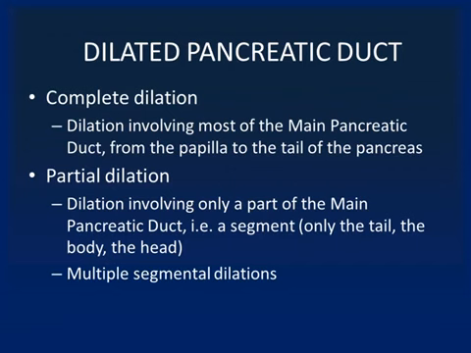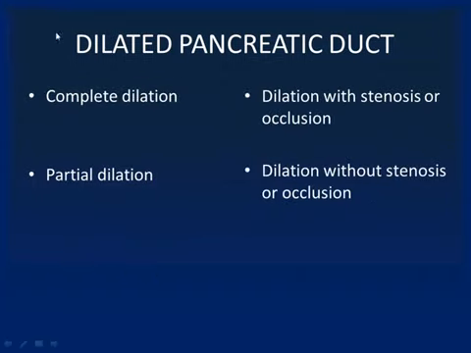We can have also multiple segmental dilations. And the dilation, either complete or partial, can be associated with stenosis or occlusion, or without stenosis or occlusion. And we will try to cover all these different possibilities.